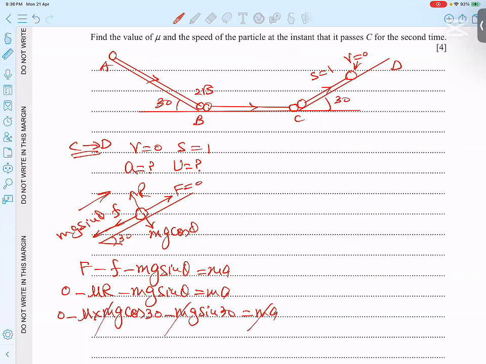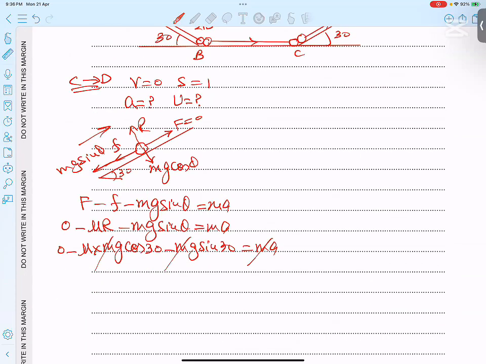Mass cancels out, and here I get the acceleration. Cos 30 is root 3 by 2, and g is 10. Multiplying by 10, I get 5 root 3, so negative 5 root 3 mu comes from here. The other term is simply 5, because sine 30 is a half, times 10 is 5.